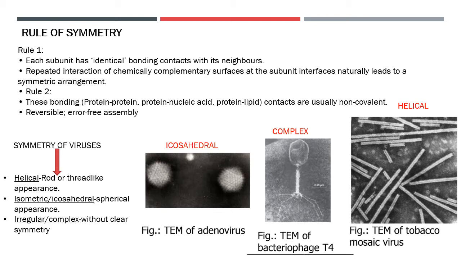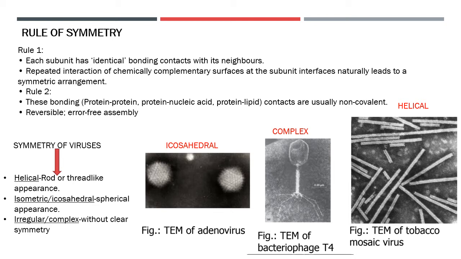Let's consider a triangle. A triangle has three vertices. All three vertices will connect with the three vertices of another triangle. So this is what identical bonding contact means.